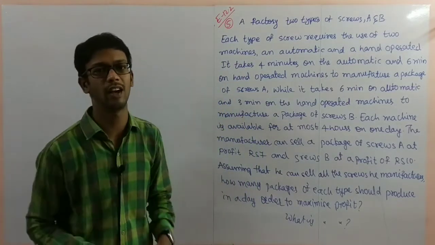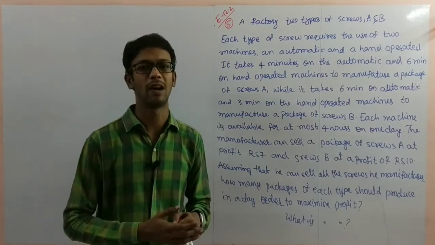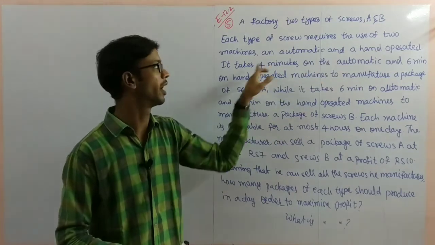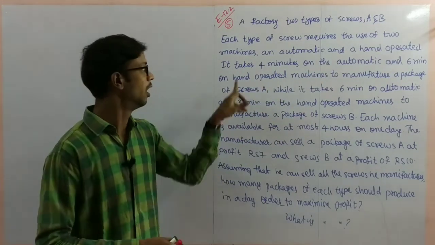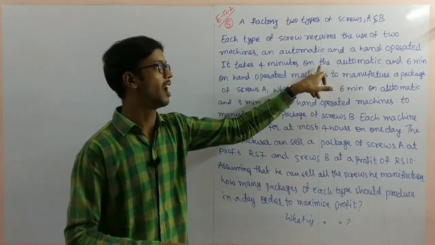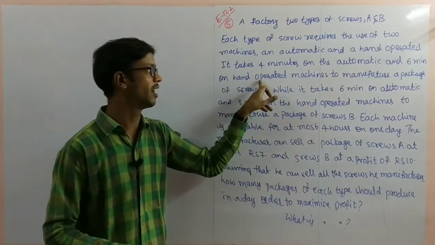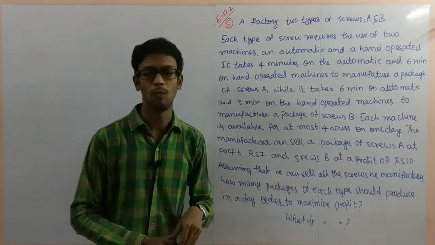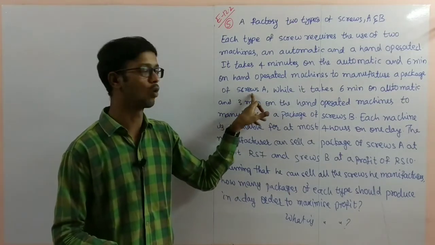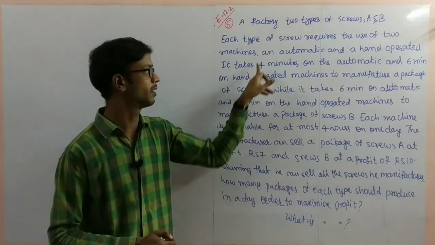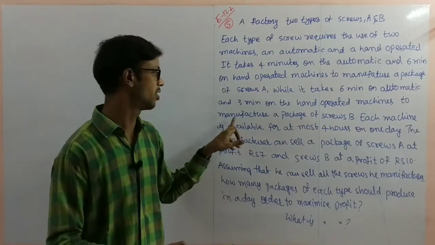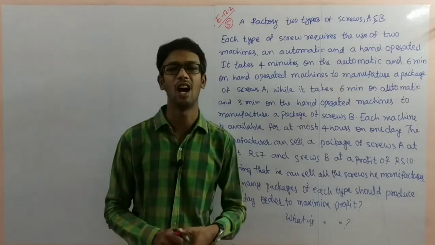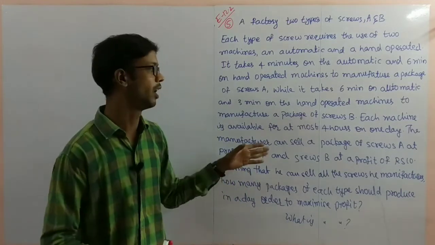One is an automatic machine and one is a hand operated machine. Each screw compulsorily needs the 2 machines. It takes 4 minutes on automatic and 6 minutes on hand operated machine to manufacture a package of screws A. And B takes 6 minutes on automatic machine and 3 minutes on hand operated machine for screws B.